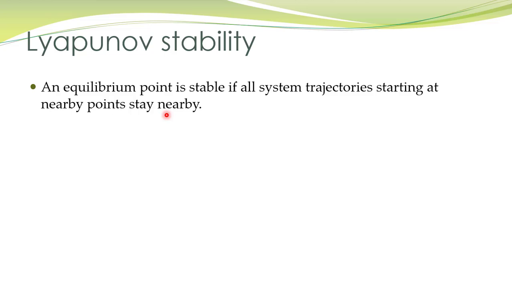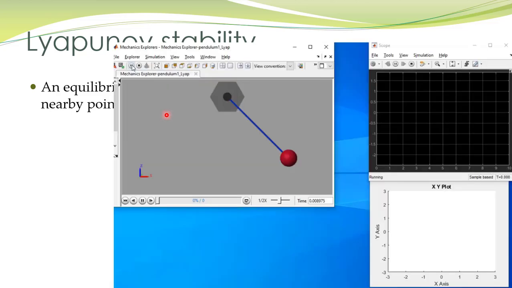To explain it, we again consider our favorite example of the pendulum system. If you drop the pendulum from this position, for example, this pendulum will oscillate about its equilibrium point. The equilibrium point is exactly in the downwards position, and after some time the pendulum will settle down at this equilibrium point, provided that there is some friction over here.